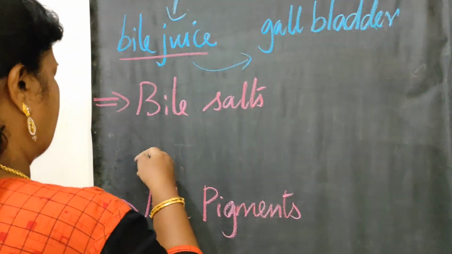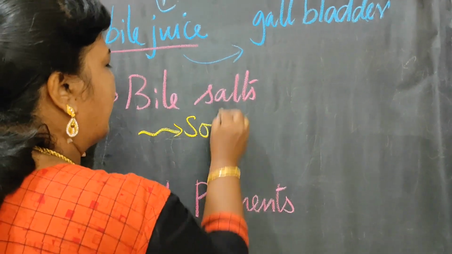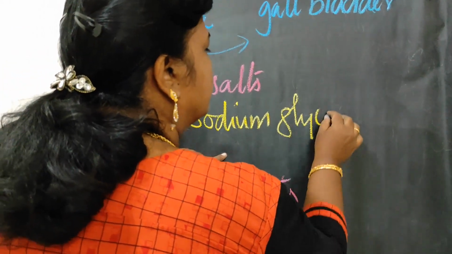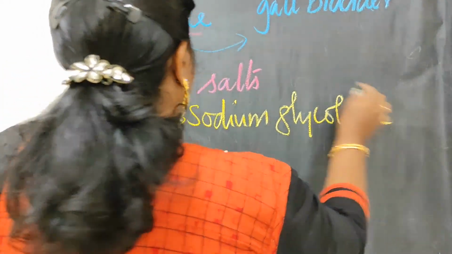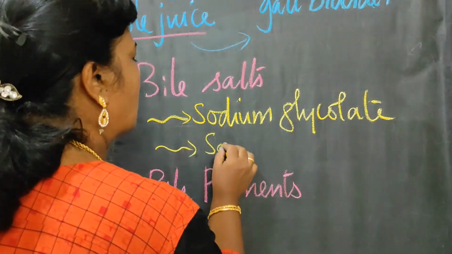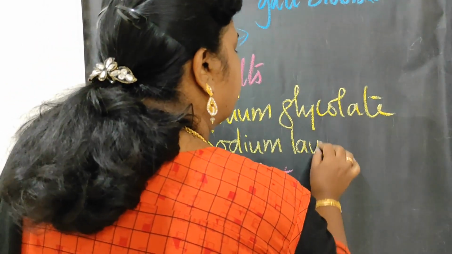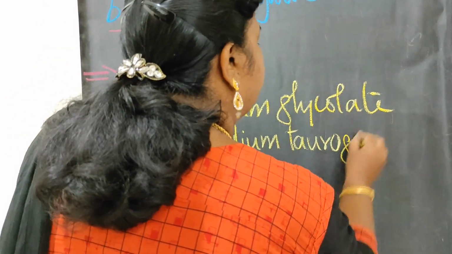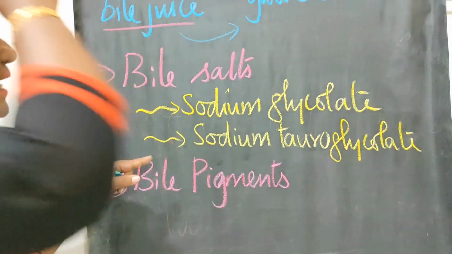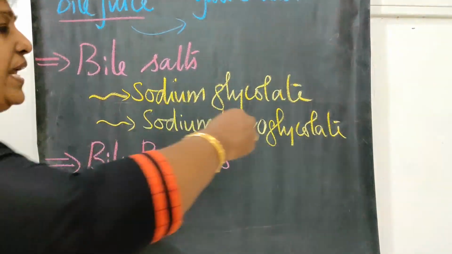Now the bile salts are sodium glycolate and sodium taurocholate.